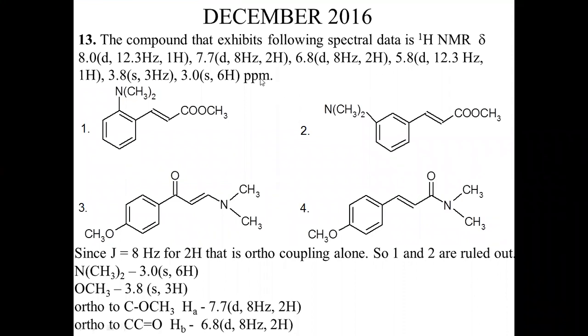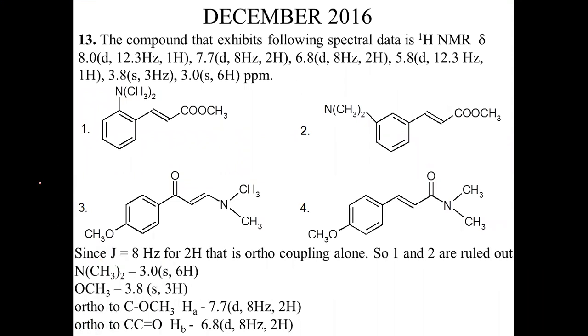Now when you look at this, again look at the J value. You see the aromatic region, 7.7 and 6.8. You have for 2 hydrogens a doublet, for 2 hydrogens another doublet with a coupling constant of 8 hertz. So it shows that ortho coupling is there. So it has to be para substituted.